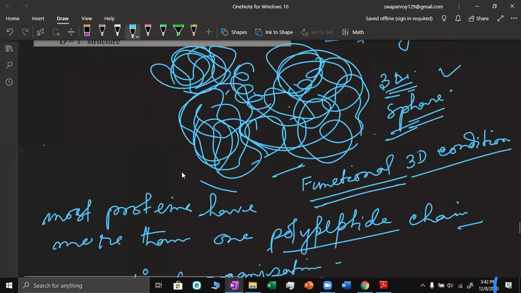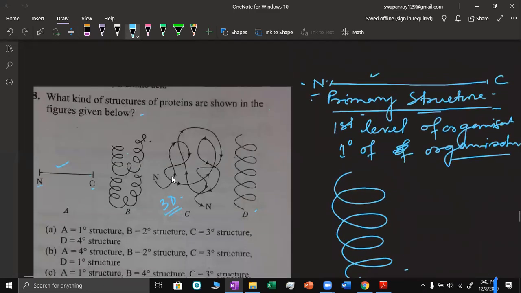So here in this question, what kind of structure of proteins is shown in the figure?